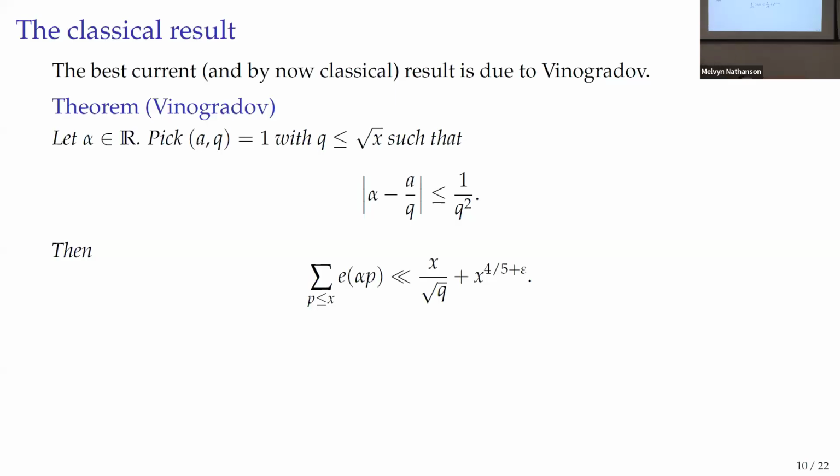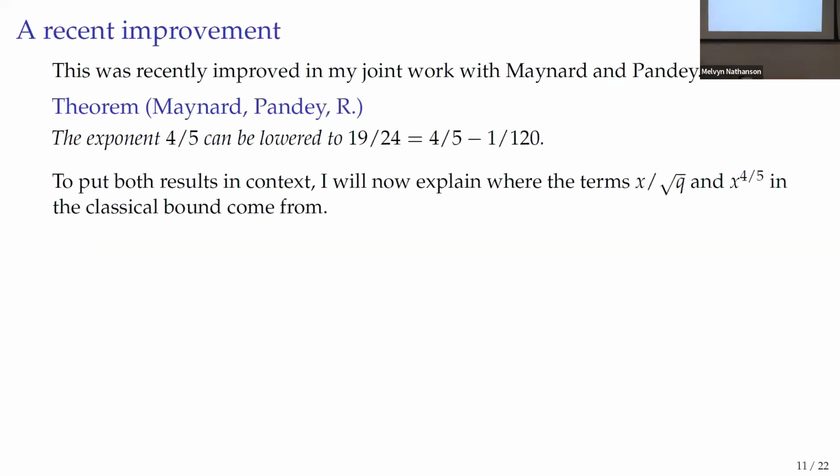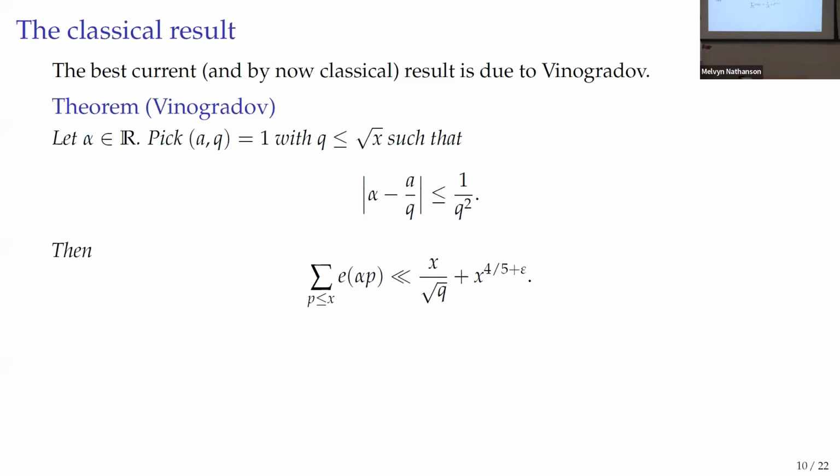But what I want to do now, because you see these are exponents, so if you don't know where these exponents come from, this looks like a heavy lifting sport, and I look like an Olympic athlete just showing off my muscles. But I want to explain that these exponents are actually meaningful. So both of these exponents are meaningful.